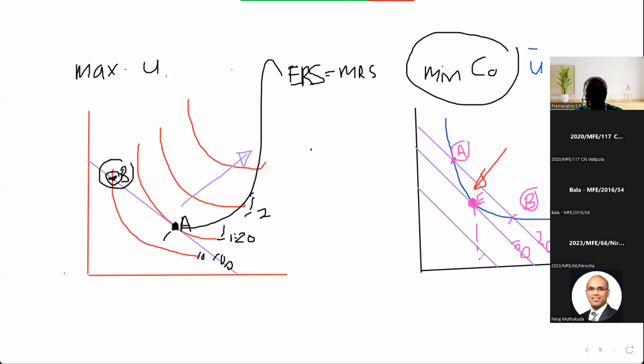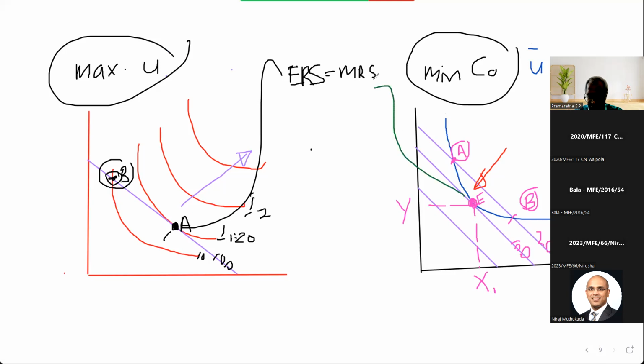There, you decide how many you need to buy of X and how many of Y. Now here is the magic: whatever you do, maximize utility or minimize expenditure, you reach the same condition. Look here also: the slope of the indifference curve equals the slope of the budget line.